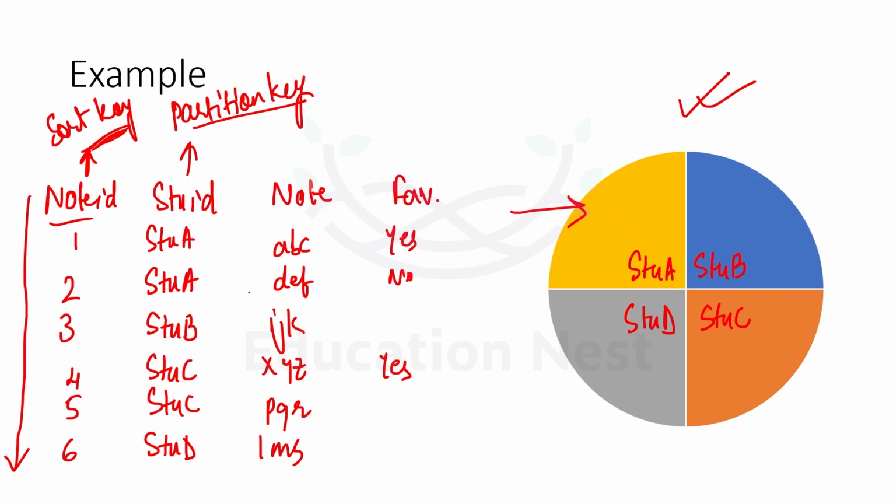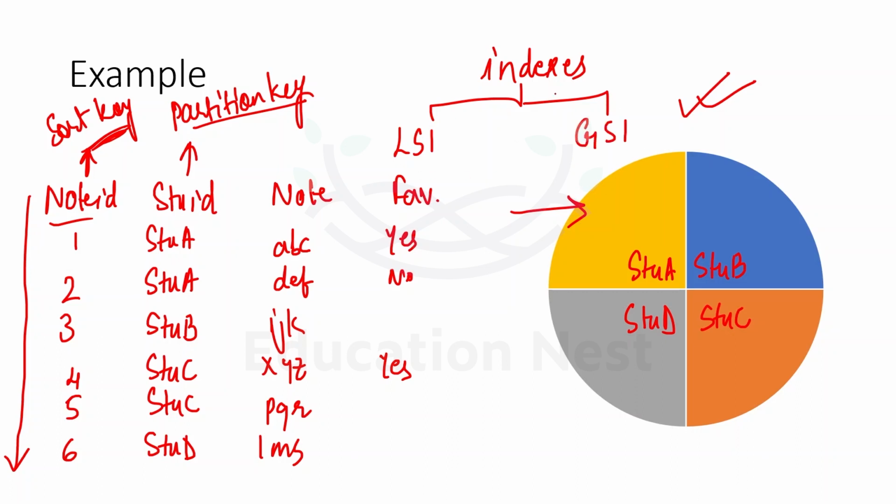So if you think that you want to create multiple partition keys or different kinds of sort keys and partition keys, then you can use the concept of indexes. There are two types of indexes that you can create over here: local secondary index and global secondary index.